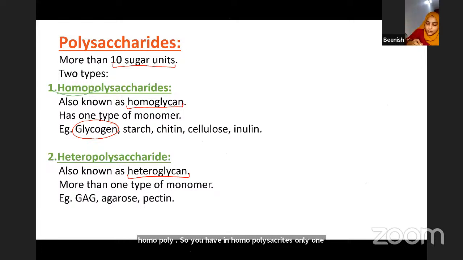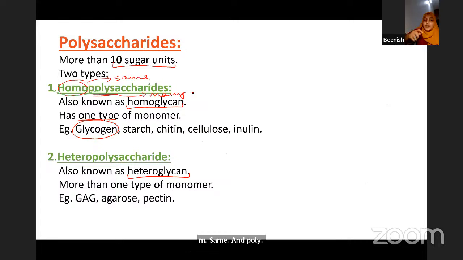Homo means same, and poly means many. So when many same sugar units are repeated, they form homopolysaccharides, and examples are glycogen, starch, chitin, cellulose, and inulin.